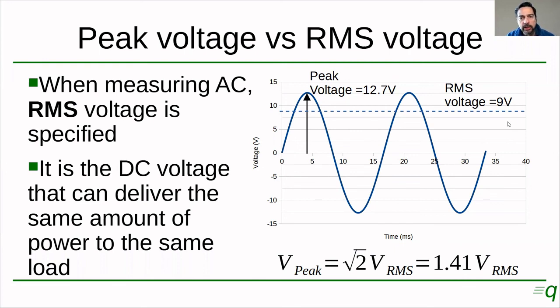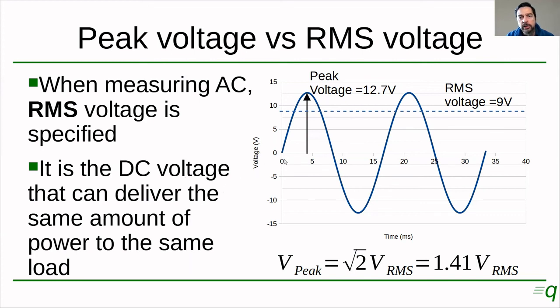And whenever you connect an AC voltmeter to an AC source, what that's showing you is the RMS voltage, not the peak voltage. So if you were to measure this with a multimeter, you would be measuring 9 volts, not 12.7 volts.